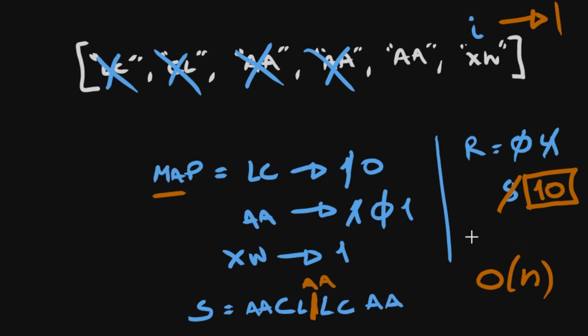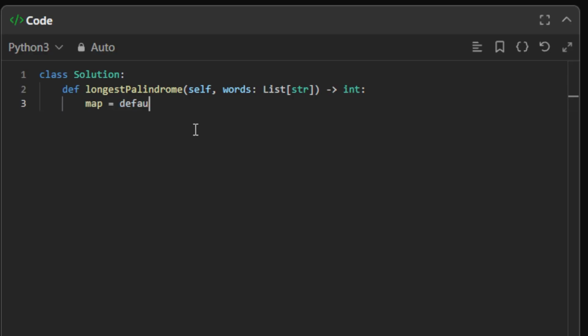So now let's go with the code and hopefully you will get the idea. First, map is a default dictionary, and we will set a default value of 0 for every key like this. Now result is initially 0, and for every word in words, the reversed word will be word at 1 plus word at 0.